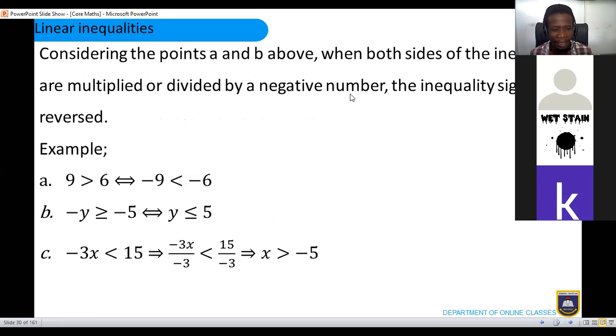So these are some of the examples. 9 is greater than 6. When I multiply through by a negative number, I'm going to get minus 9 is less than negative 6. And indeed, negative 9 is less than negative 6. Multiply through by a negative number again, 9 is greater than 6, and it's true. And negative 9 is less than negative 6.